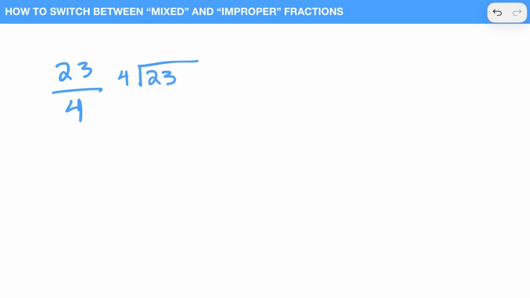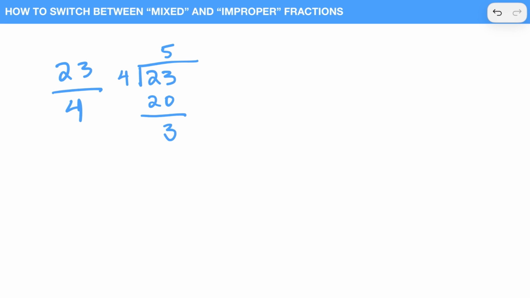4 goes into 23 5 times because 4 times 5 is 20. It doesn't go in 6 times because 6 times 4 is 24, and that becomes too big. Performing our long division, we get 23 minus 20, and we have a remainder of 3, right?